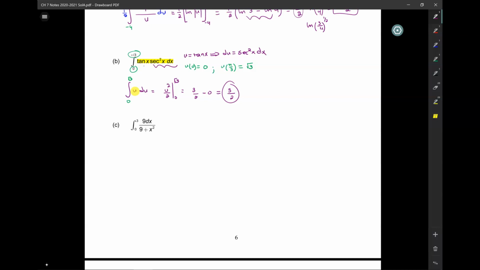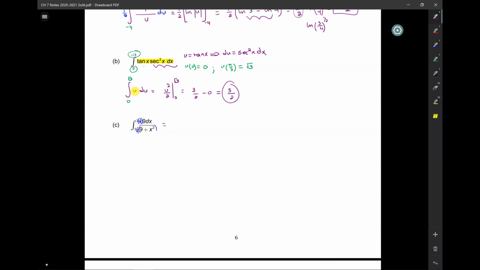So you see how there is a 9 on top and a 9 on the bottom. What we're going to do here is multiply the numerator and the denominator of this by 1 over 9. Why, you say? Well, I will tell you.